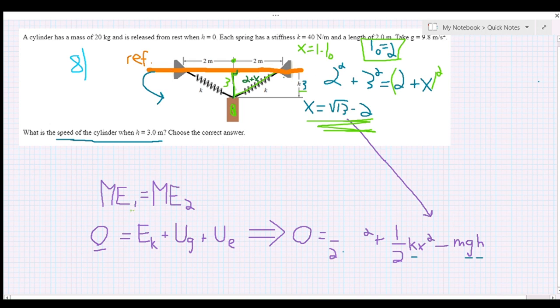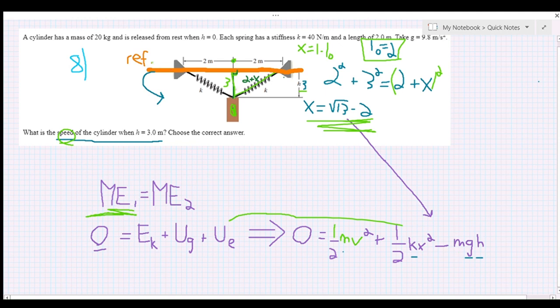So ME1 is 0. Now ME2 similarly is also equal to EK plus UG plus UE. EK is equal to half mv squared. V is what we're trying to find, the speed. And then UE is half kx squared. x, we found it just like a minute ago.